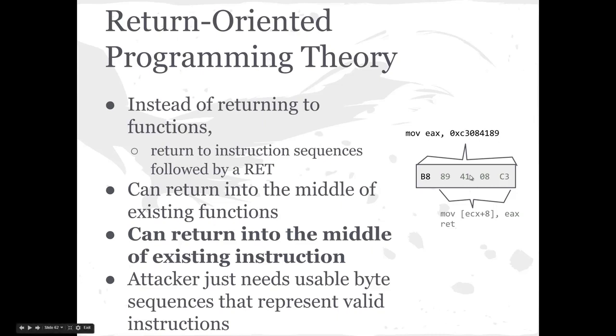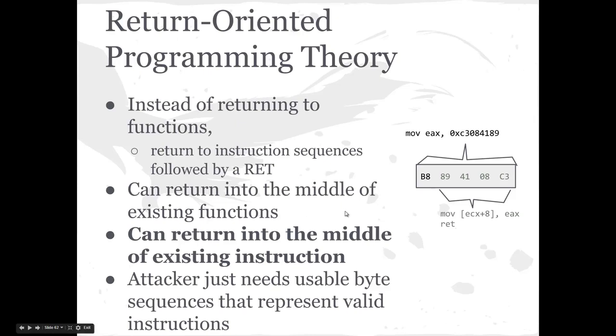For instance, if the middle here was B8, that would be mov EAX and then some 4-byte integer combination. So if 41 here was B8, it would go on for the next 4 bytes into the next instruction, decoding instructions as a single mov and putting all that value into EAX.